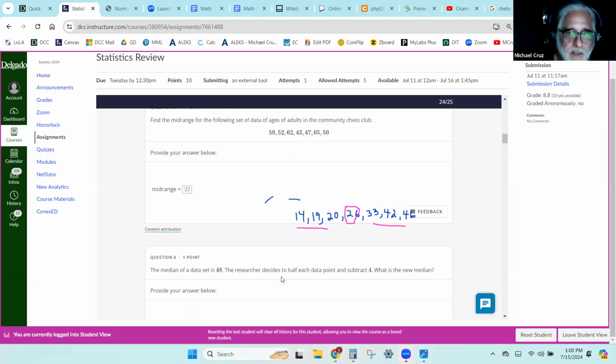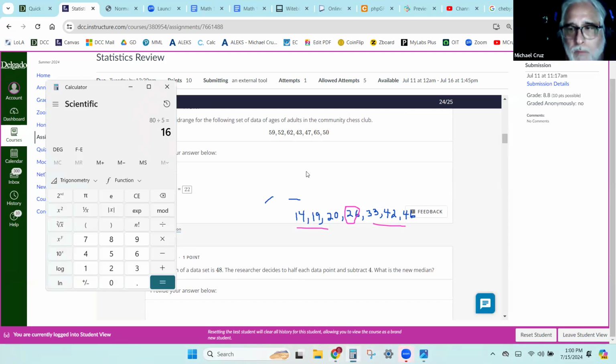The mid-range is just take the 2 extreme points, the high and the low, and divide by 2. So it's 43 plus 65 divided by 2.